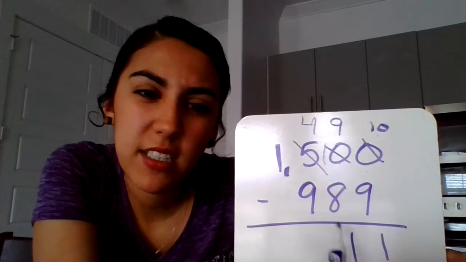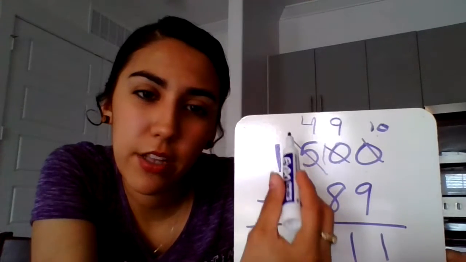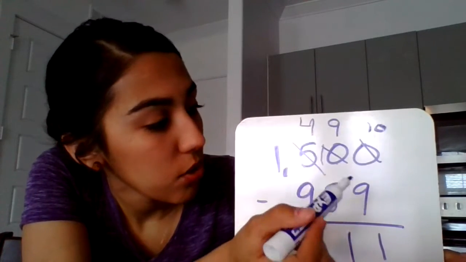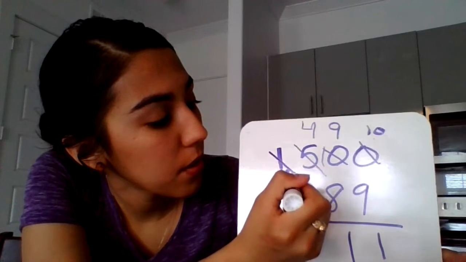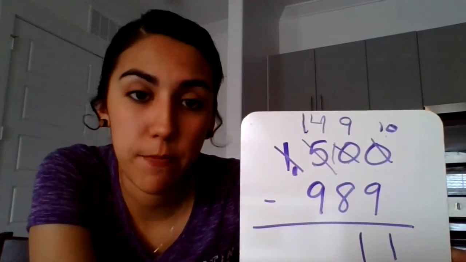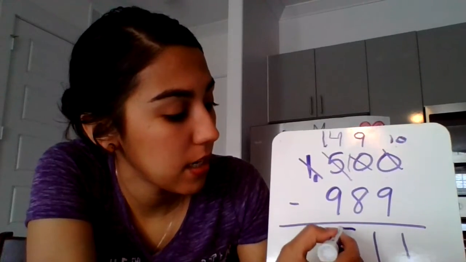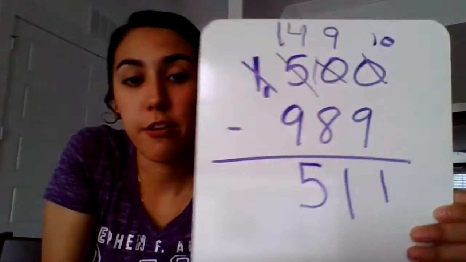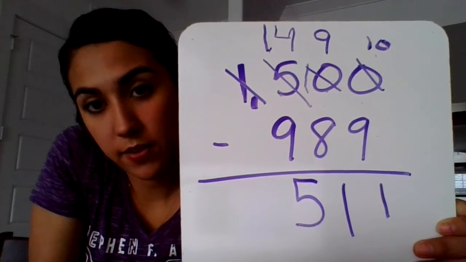Can I give Jackson 9 pieces of candy if I only have 4? No. So he's going to go to the next door neighbor. That makes it a 14. 14 minus 9 is 5. Your final answer is 511.